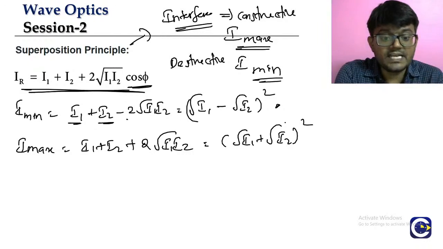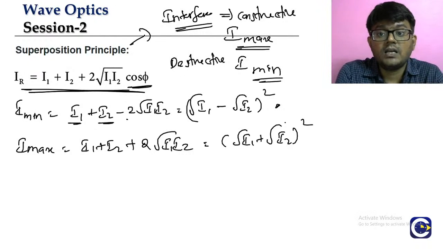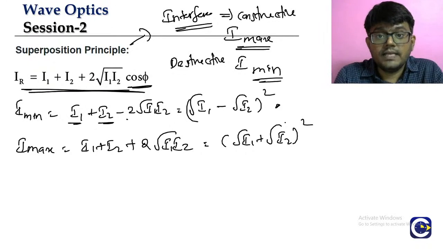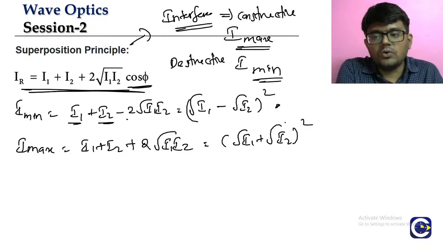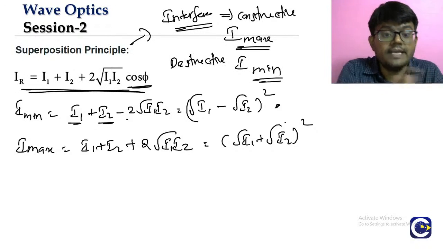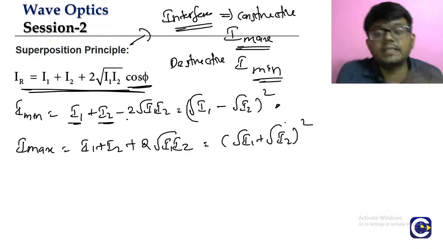So to differentiate between the maxima and minima, or constructive and destructive interference, it will not be so easy, like it is in the case of identical sources. In that case, destructive means complete 0. Here also put I1 equal to I2, I minimum will be 0. That is what identical sources are: I1 equal to I2, then I minimum will be 0. There it will help us to clearly differentiate between the constructive and the destructive.